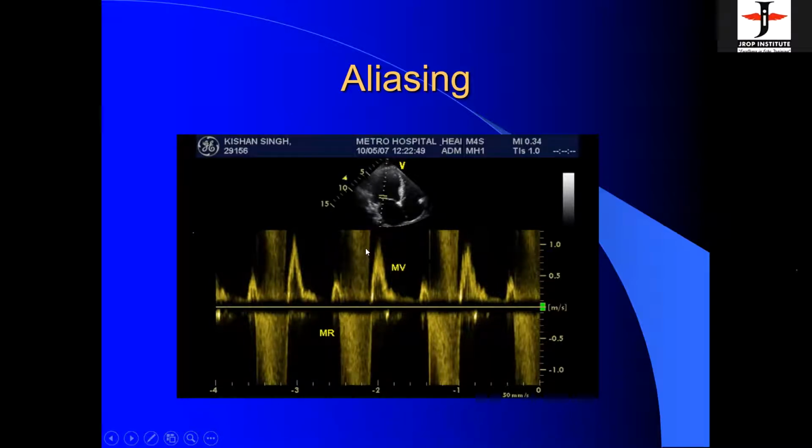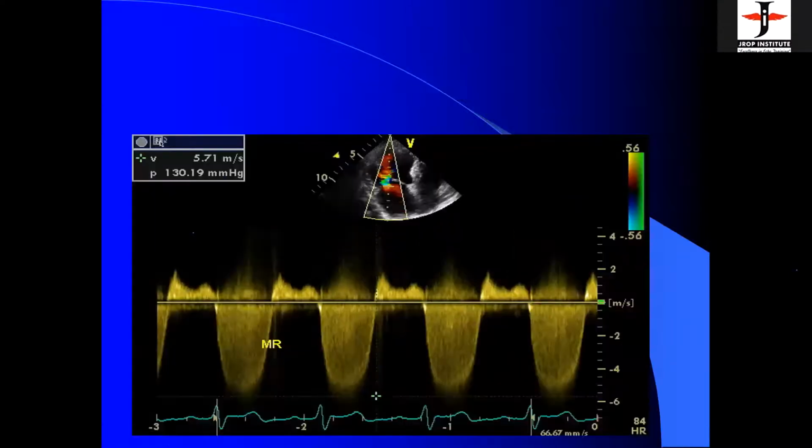So this is aliasing. When you interrogate a high velocity flow by a pulse Doppler, it goes above and below the baseline, and you don't know from where to start. Because remember, in a Doppler, you have to see a complete Doppler signal in your recording. Now, same patient, you put a CW, and the aliasing disappears.